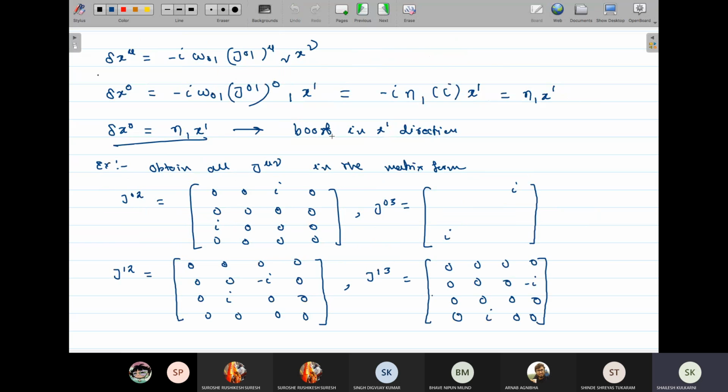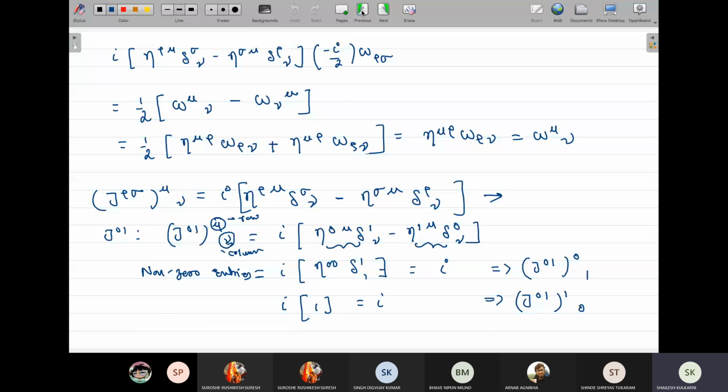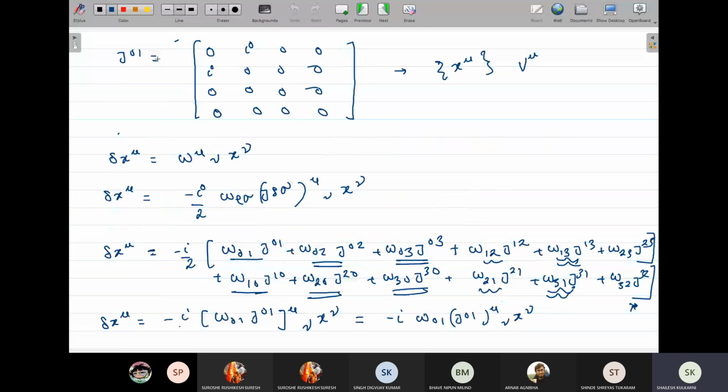You can either use this one or you can use this form where I have written J^{mu nu}_{rho sigma}, and from that we obtain these matrices. Basically you can see from here, J_01 is minus K_1, because J_10 is K_1, so J_01 is minus K_1.